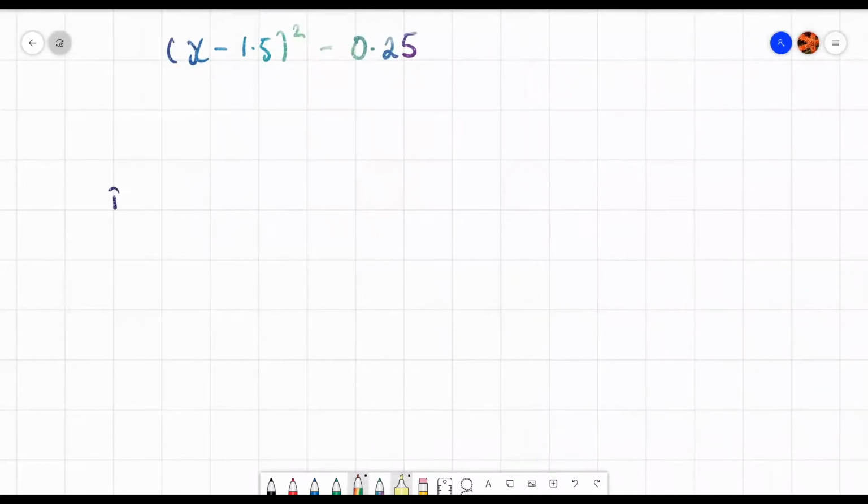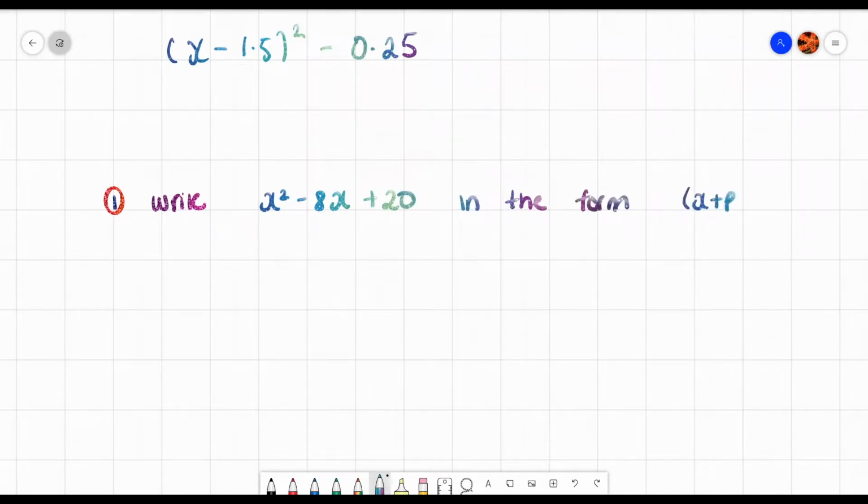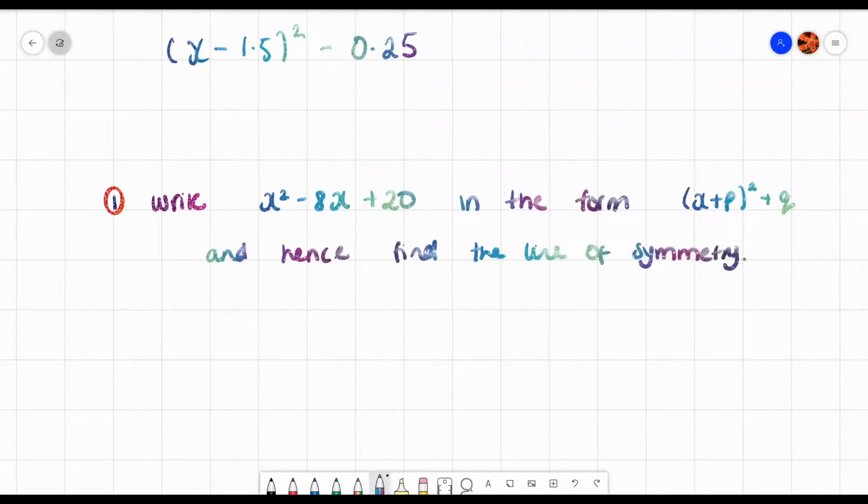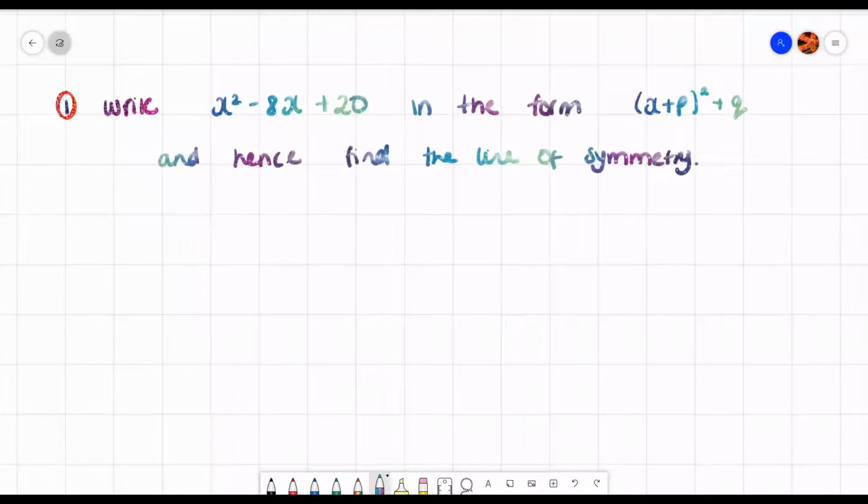So the first question, number 1, is write x squared minus 8x plus 20 in the form x plus p squared plus q, and hence find the line of symmetry. So that there is your question that we have to work out.